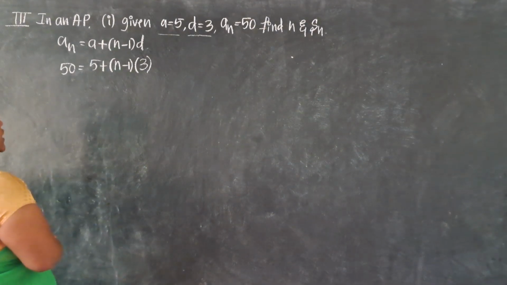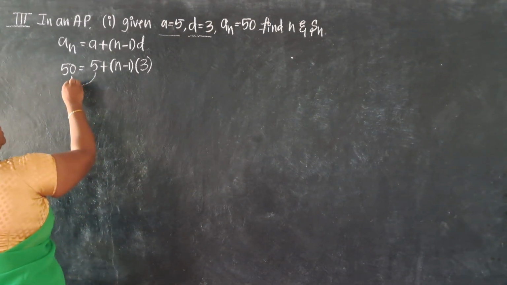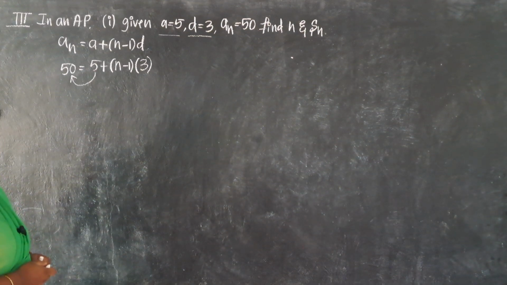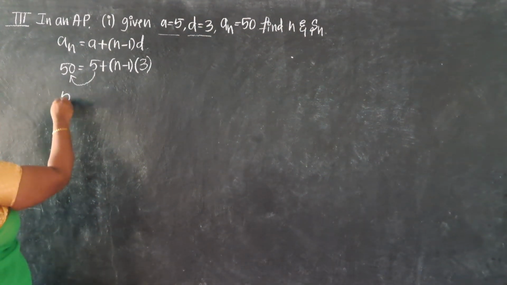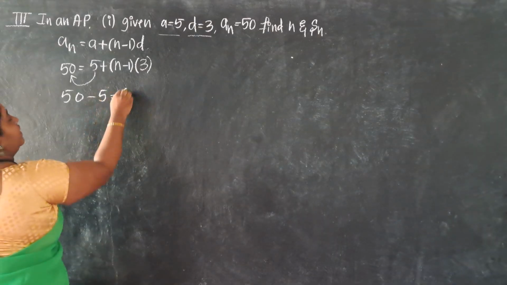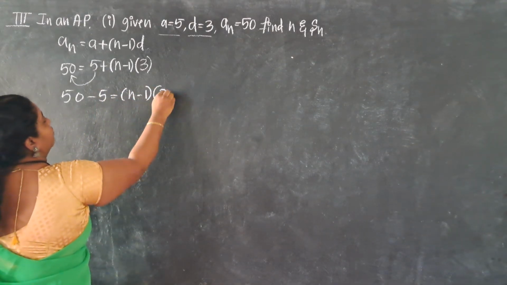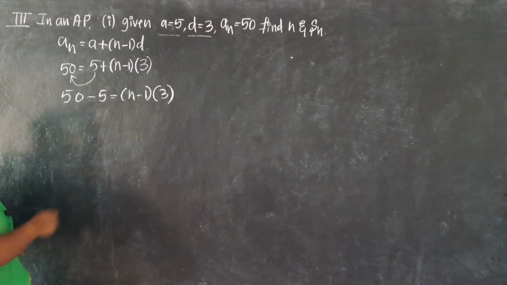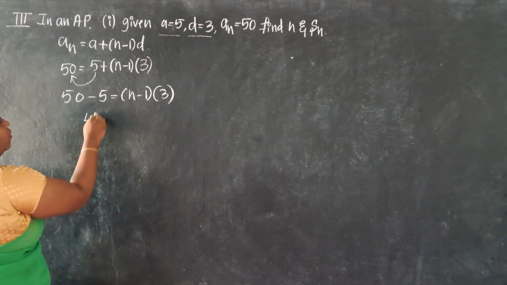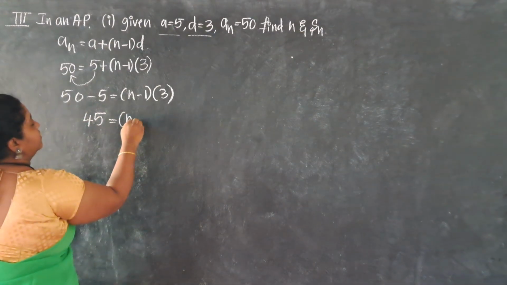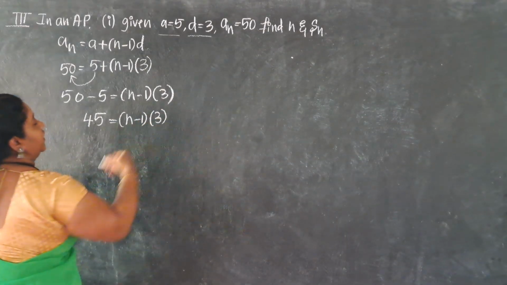So now I will send this 5 to this side. Positive 5 when it comes to the other side will become negative 5: 50 minus 5 is equal to n minus 1 into 3. 5 subtracted from 50 is going to give me 45 is equal to n minus 1 into 3.